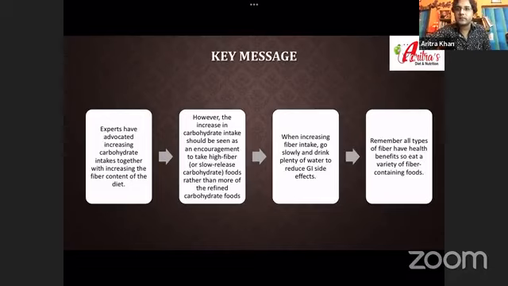When increasing fiber intake, go slowly and drink plenty of water to reduce GI side effects. Remember, all types of fiber have health benefits, so eat a variety of fiber containing foods. All the dietary fibers have a very good role in making a proper diet, proper dietary modification, and blood sugar control.